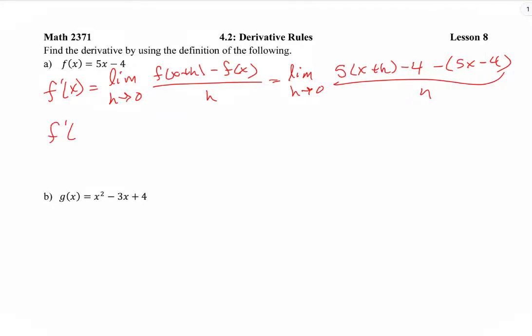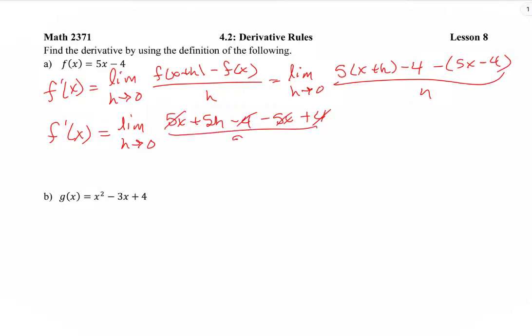Then f prime of x equals the limit as h goes to 0 of 5x plus 5h minus 4 minus 5x plus 4, so our x's go away, and we're left with the limit as h goes to 0 of 5h over h. The h's cancel, and if we take the limit, we're left with 5.